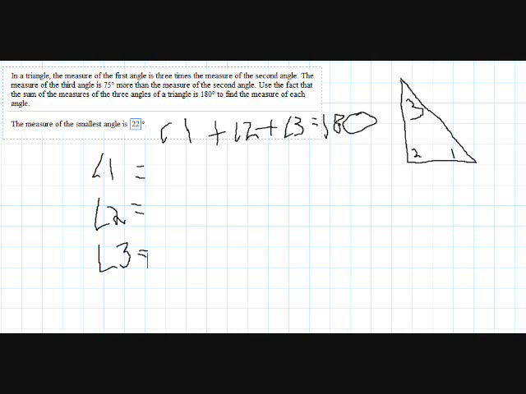And the clue here, and these word problems are just brutal because there's really no hard and fast rule for anything, but because the second angle is mentioned in both sentences, that's what I want to use as my x. So let's go with this is equal to x.